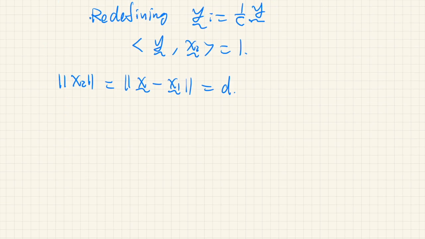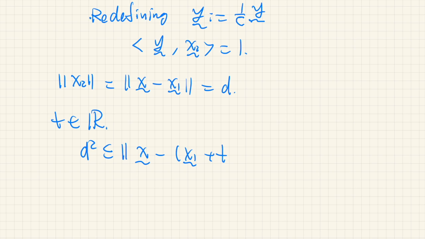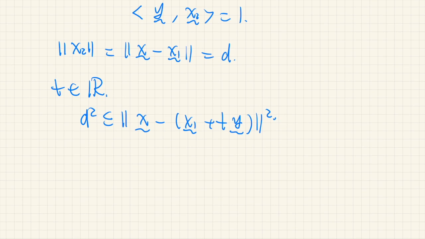Now, for any real number t, we have d squared less than or equal to ||x - x1 + ty||², because d is the infimum of this distance.